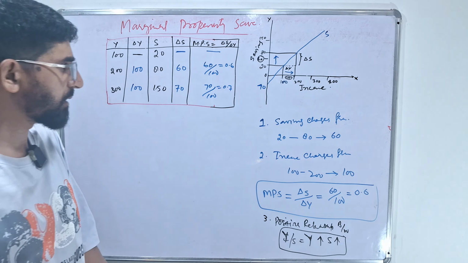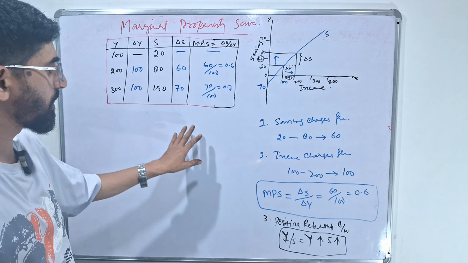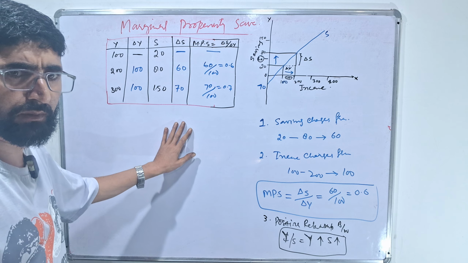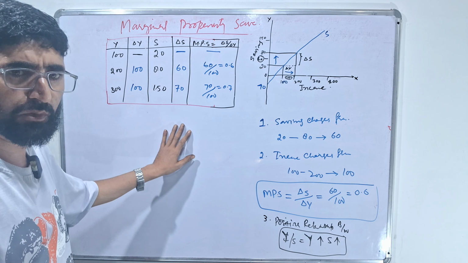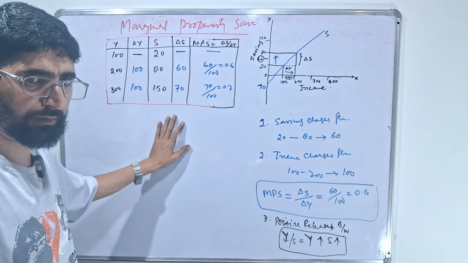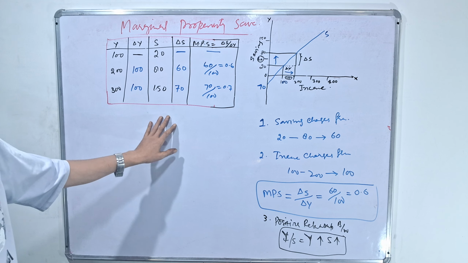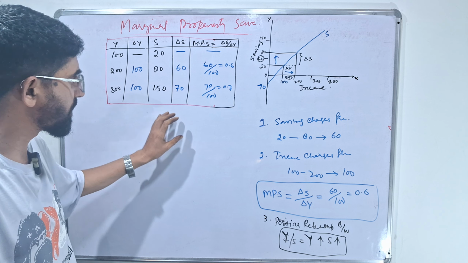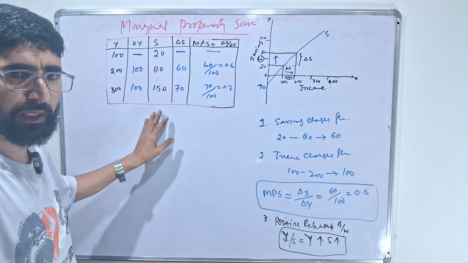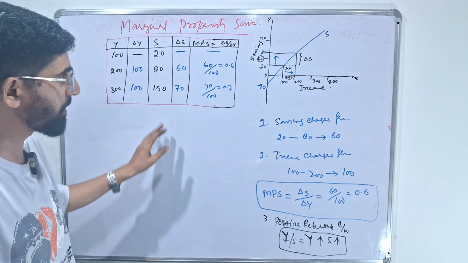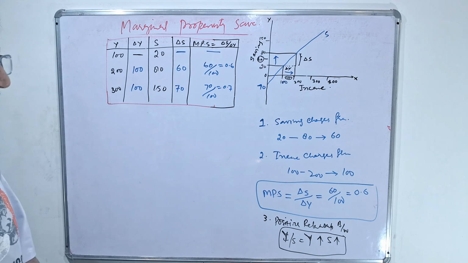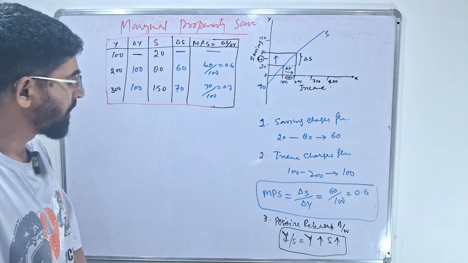To conclude this lecture, as I discussed, average propensity to save, marginal propensity to save, average propensity to consume, marginal propensity to consume. These are four concepts. Focus on that. Definitely there will be a question on the difference between average propensity to consume and marginal propensity to consume. Sometimes, yes, average propensity to save or marginal propensity to save.